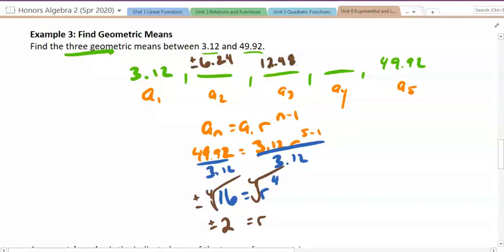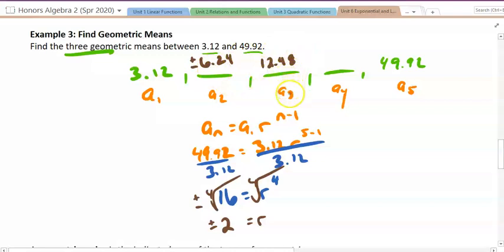12.48. But if I deal with the negative every time, now we can't switch between positives and negatives and say I'm going to multiply by positive 2 this time and negative 2 next time. If I think about one sequence, I've got to keep my r the same for the entire sequence. And so if I do the negative, the a sub 2 would be a negative, but then when I multiply it again, I'll come back to positive.